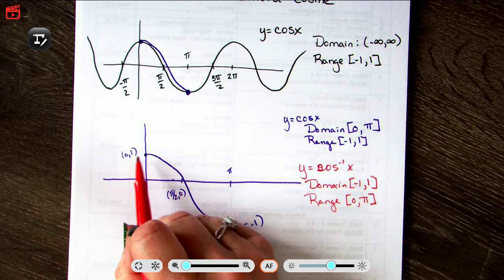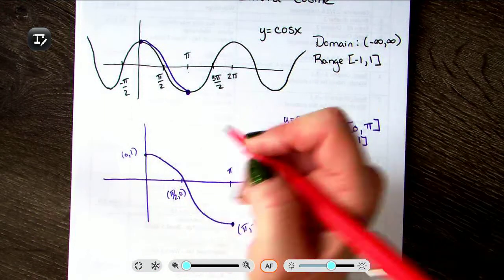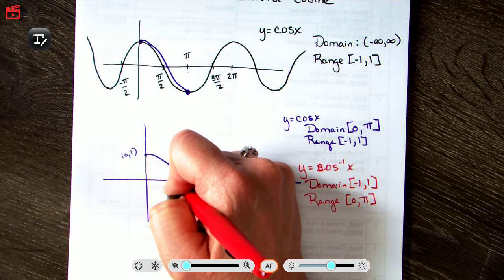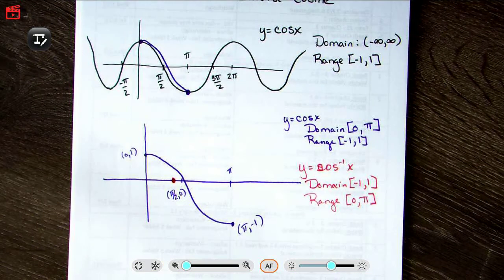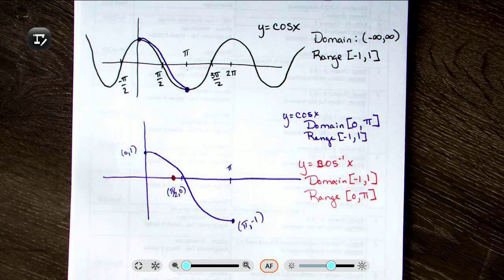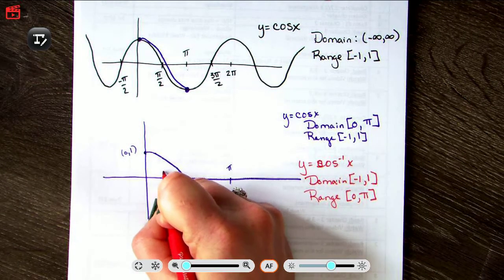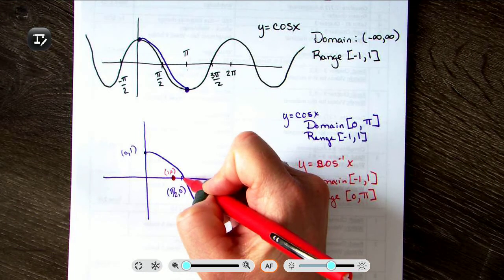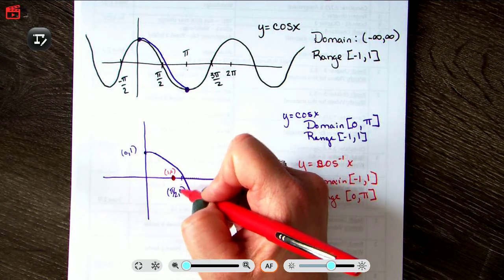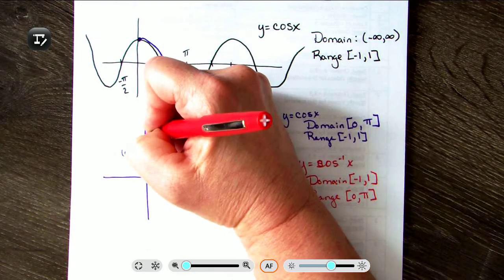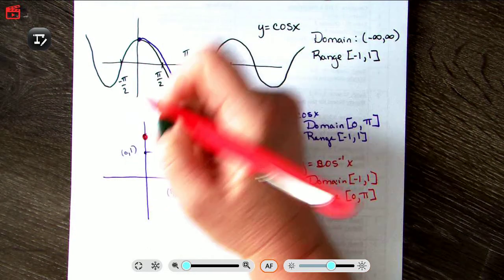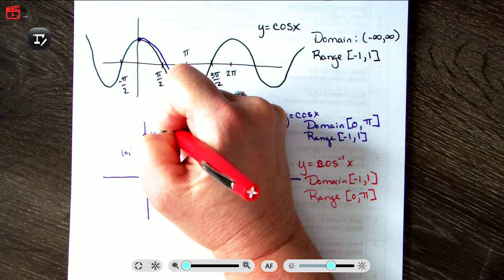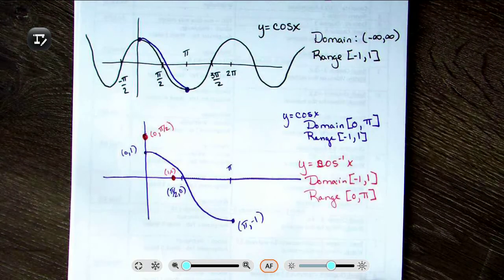Okay, so now I need to flip this around, so 1, 0, and 1 is smaller than pi over 2. Pi over 2 is about 1.57, so this is going to be the point 1, 0. This point here is going to be 0, pi over 2, so 0, pi over 2 is going to be here, because pi over 2 is larger than 1.